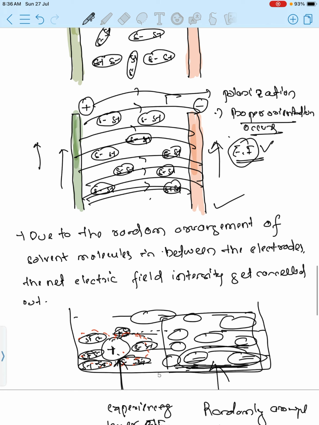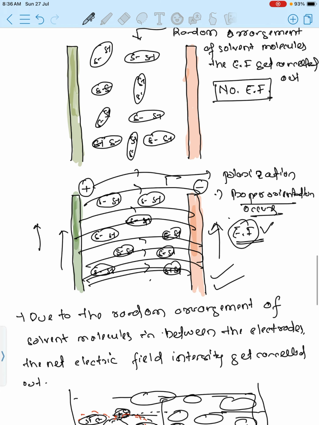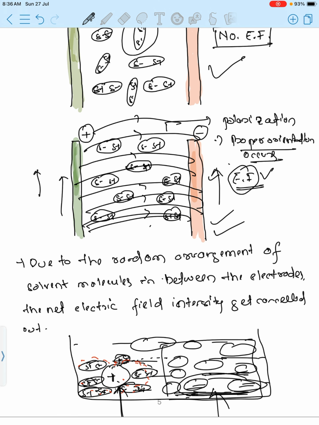Similar to what we have discussed in the parallel plate capacitor, when the electric field is smaller, the solvent molecules are randomly arranged and they can decrease the electric field intensity to a larger extent. But when I slowly increase the electric field intensity along the electrodes, the solvent molecules get oriented in a particular direction, then they cannot decrease the electric field intensity.